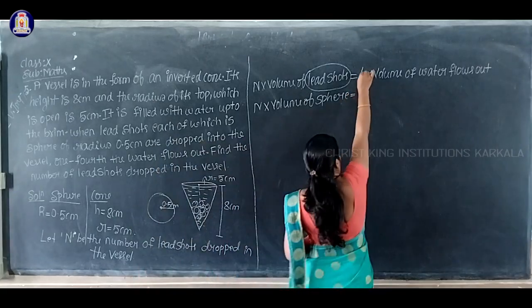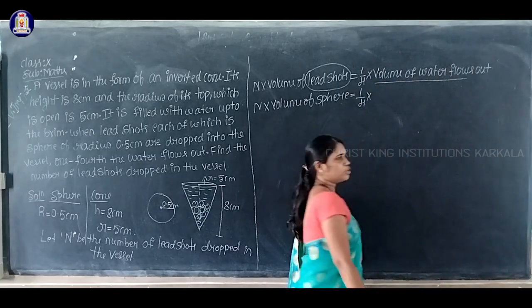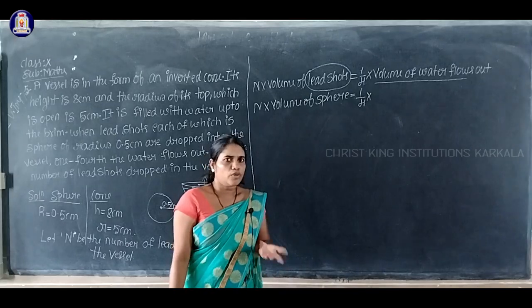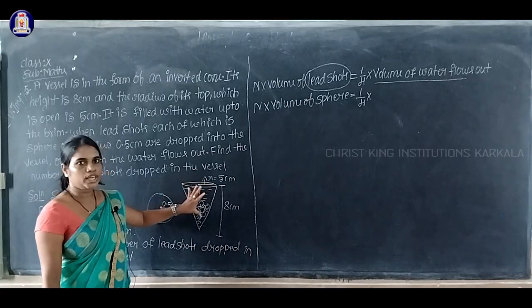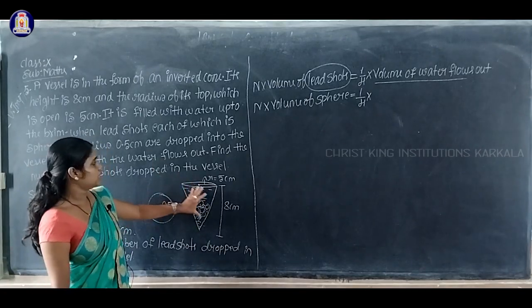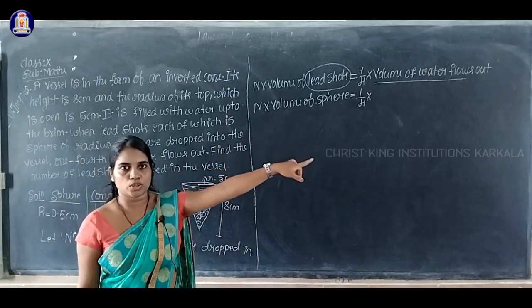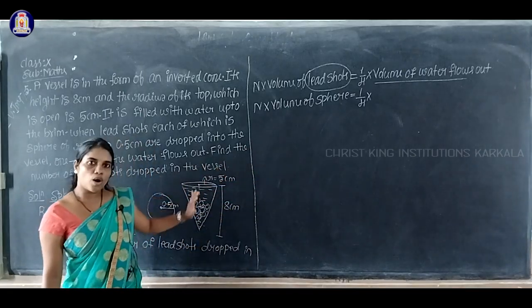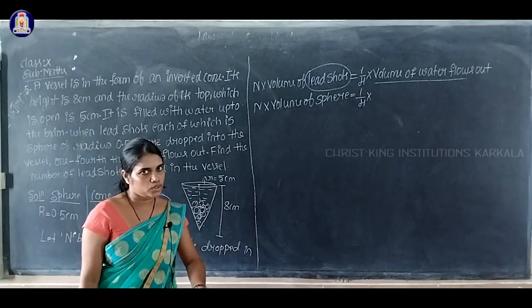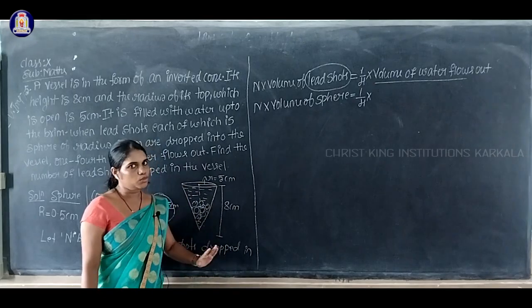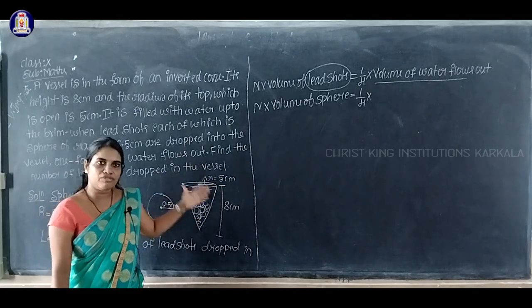Next, 1 by 4 I will write as it is into volume of water flows out. What is this? Your water is filled in a conical vessel, isn't it? So therefore, can I write volume of water flows out as volume of the cone? 1/4 the volume of cone, because your vessel is completely filled, isn't it?